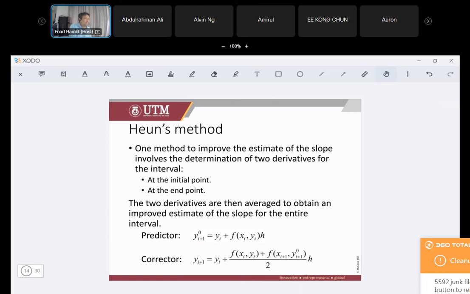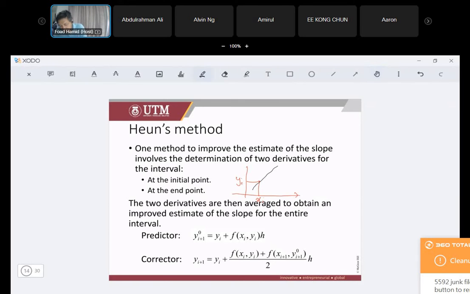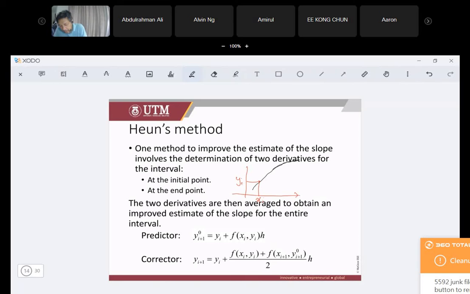Let's look at this one. Heun's method says one method to improve the estimate of slope involves the determination of two derivatives at the interval. So for example, let's say this is our xi, and this is our yi. Let's say this is my curve, this is my true value.